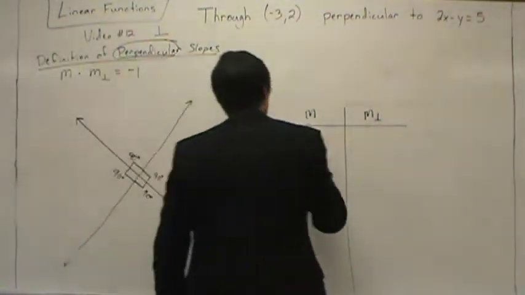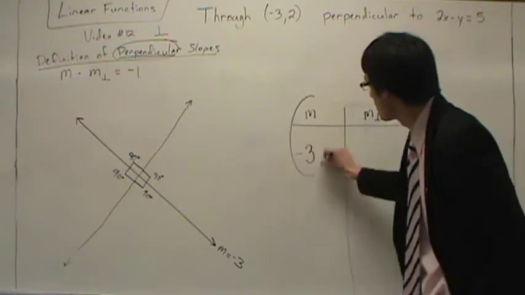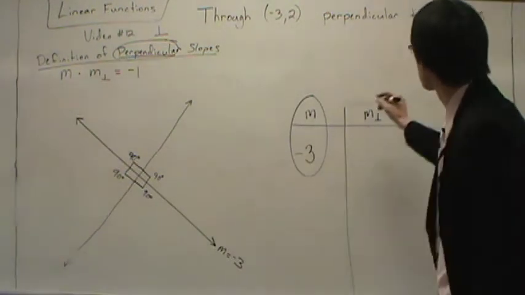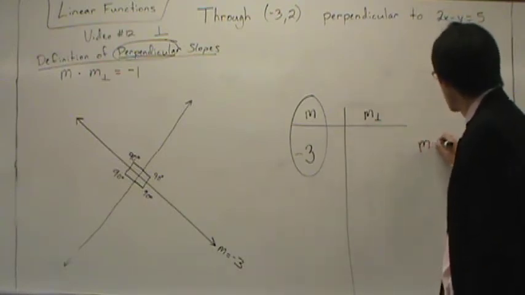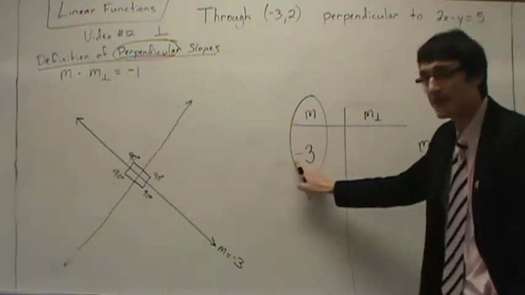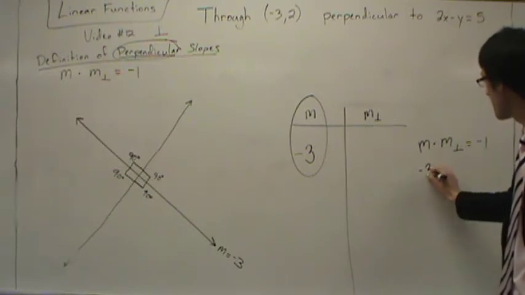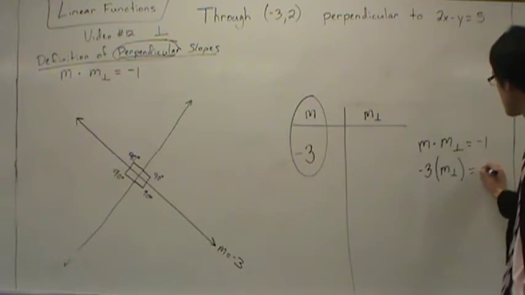Okay, so let's see if we can figure this out using this definition. So if a line has a slope of -3, can we figure out the perpendicular slope? The answer is yes. So let's set up the formula. It says that a slope multiplied by the perpendicular slope is equal to -1. Now let's take -3 and throw it in for the slope here. We end up with -3 multiplied by the perpendicular slope is equal to -1.